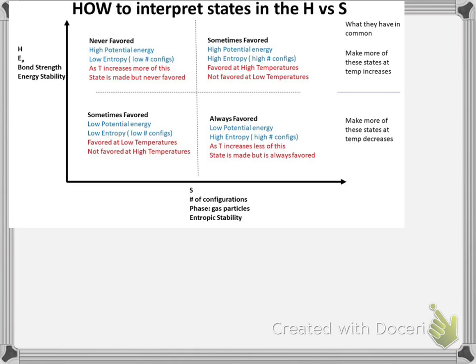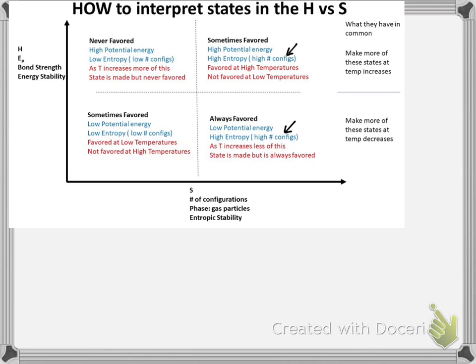Alright, so we started with this plot on Wednesday of our class, and I updated the error that many students pointed out that I had not changed, that the high entropy would have a high number of configurations.